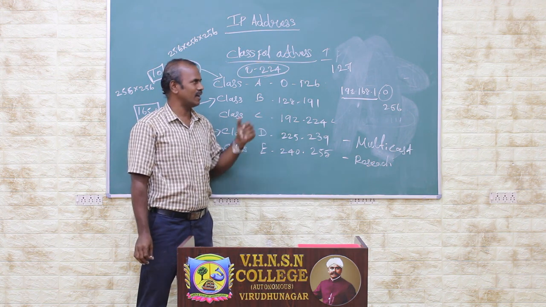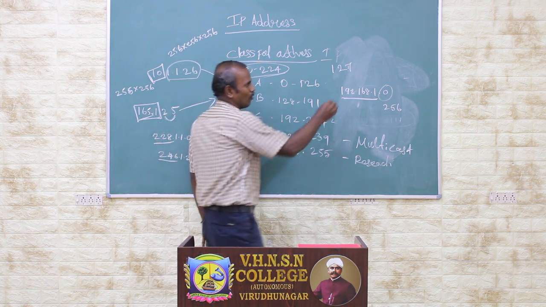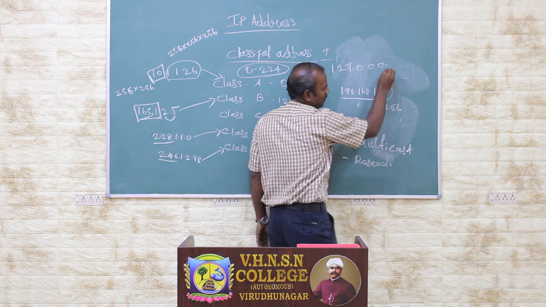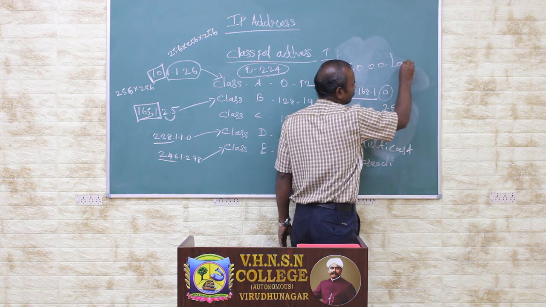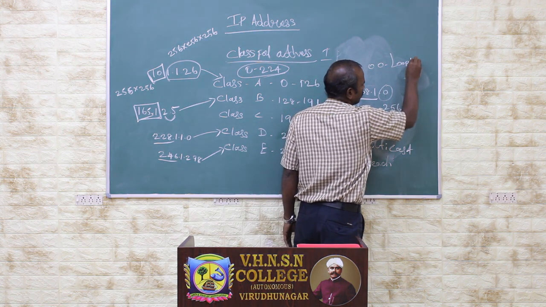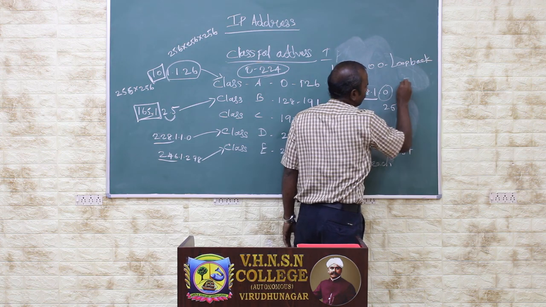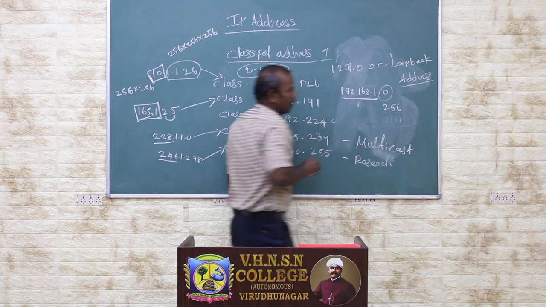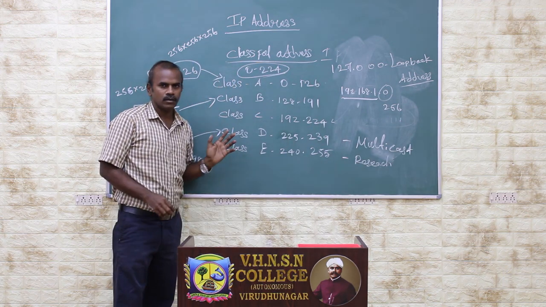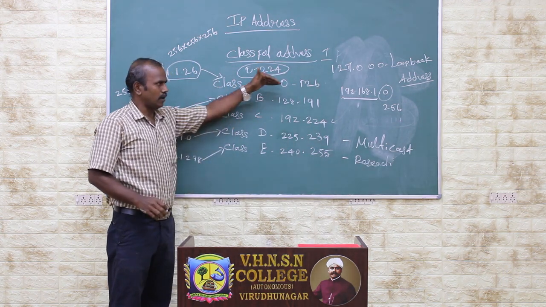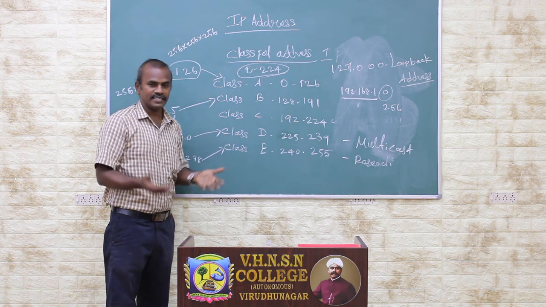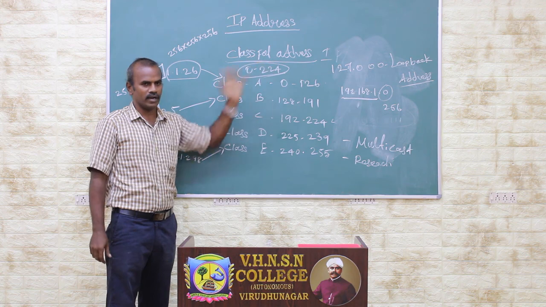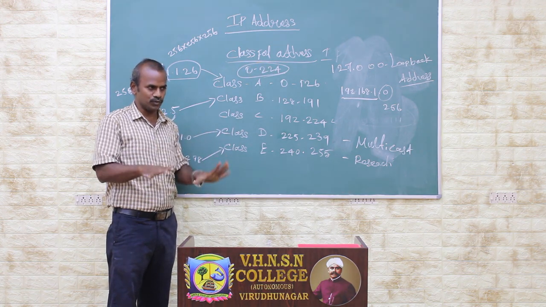Purposely I left it out, because 127.0.0.0 is a loopback address. What do you mean by loopback address? The IP address identifies itself. For a system to identify itself, we use the loopback address. So we can't use it.